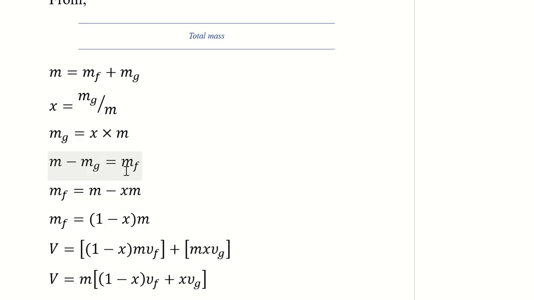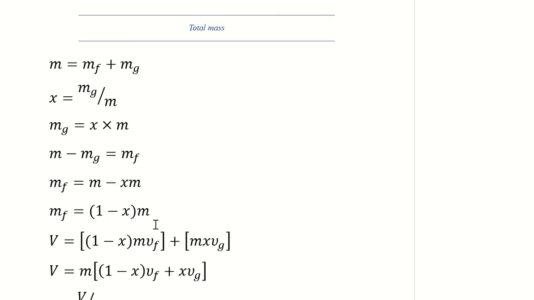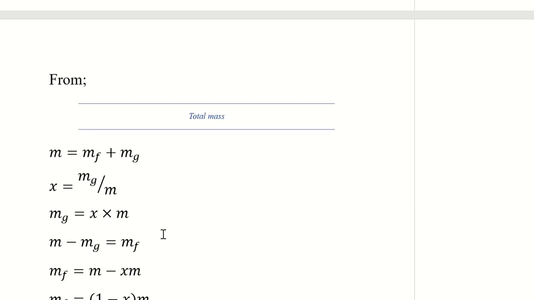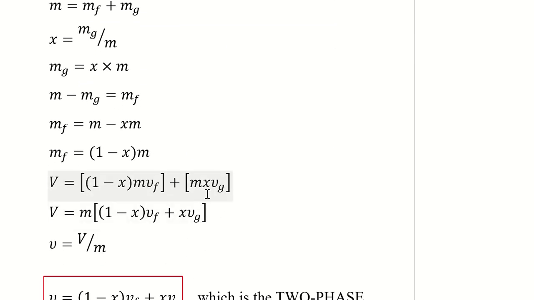So we substitute for m_f here, right here, from this step, and we are going to move m out, so we get 1 minus x, and we bring m out. And now we are going to substitute whatever we have got into this formula here. And it will look like this once you have finished solving. And you bring the m out again, and you get this.